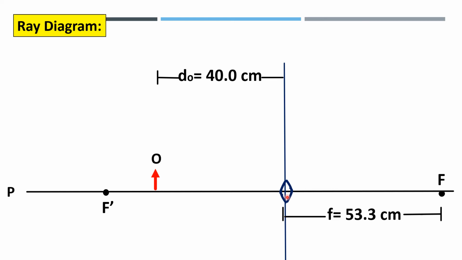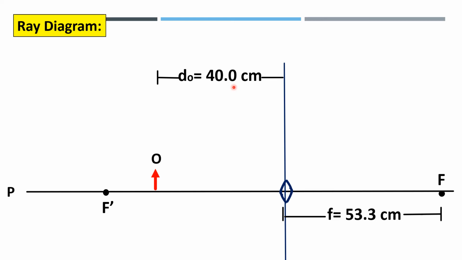We are also given the focal length already. We indicate here the focal length equals 53.3 centimeters, and the distance of the object from that converging lens is shown being equal to 40.0 centimeters.